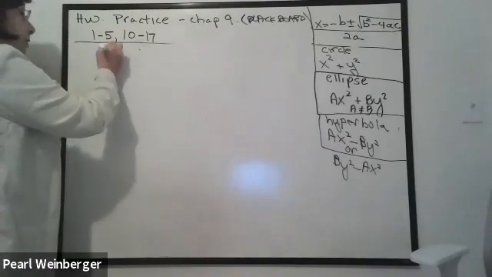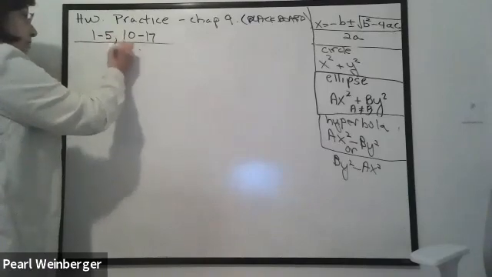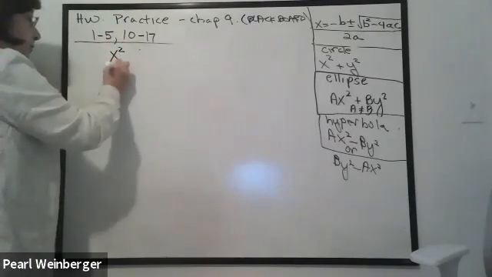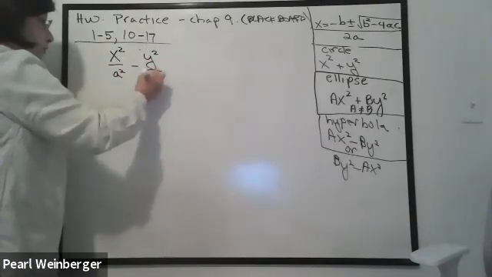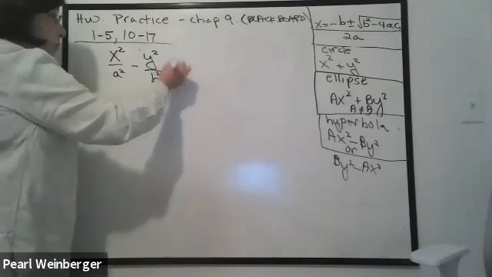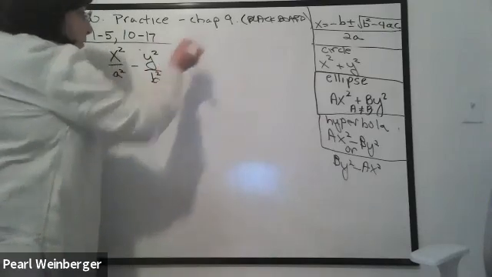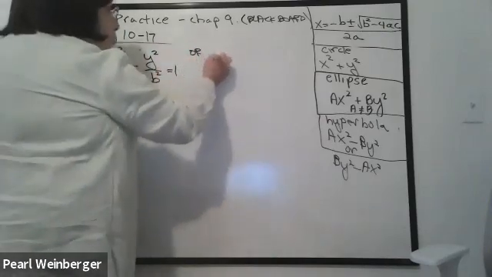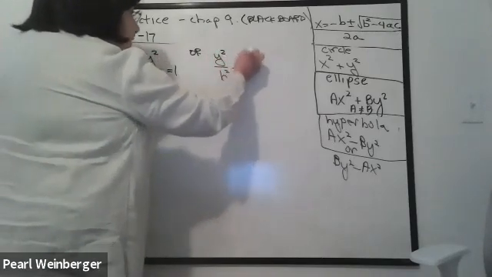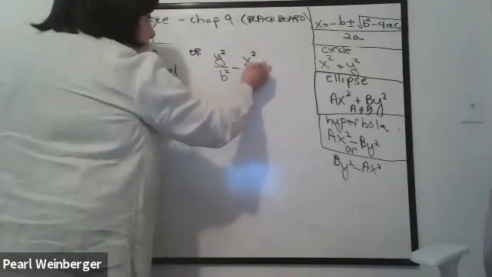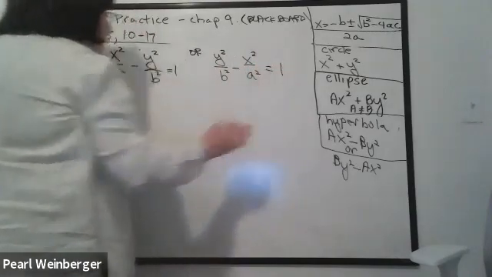Now, the standard equation for a hyperbola looks like this: x squared over a squared minus y squared over b squared equals 1. Or sometimes we have y squared over b squared minus x squared over a squared equaling 1.